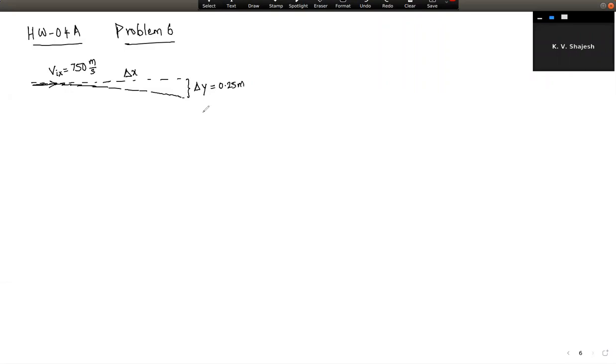I think those are the quantities given to us, and let's list them here. In the x direction, we have delta x, that's what we are interested in finding. Delta t, we don't know. V initial in the x direction is 750 meters per second.